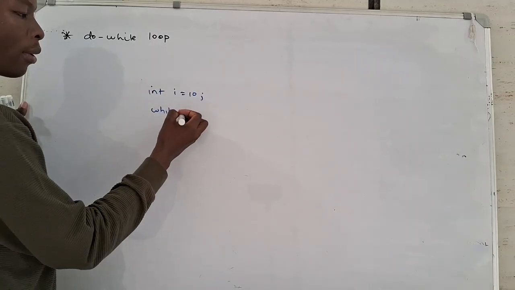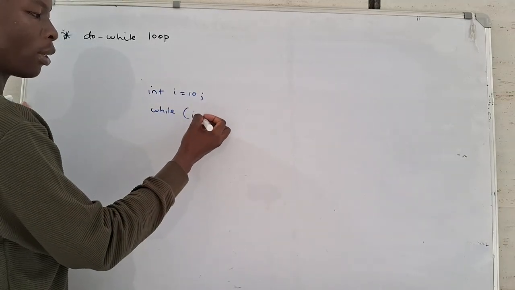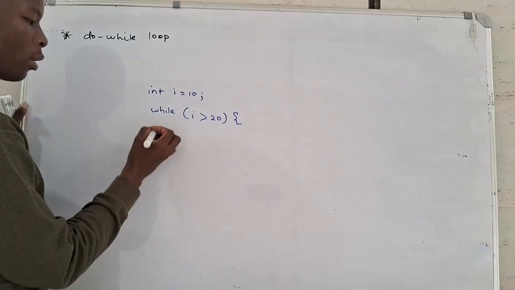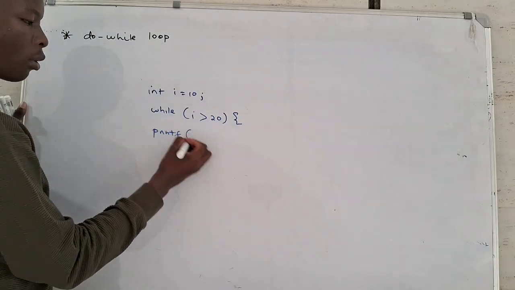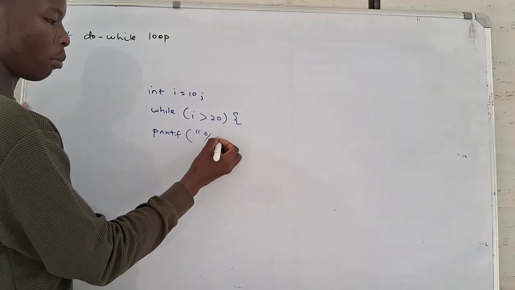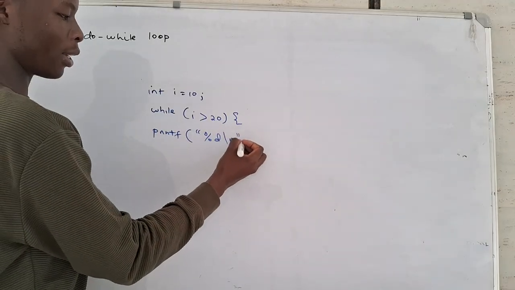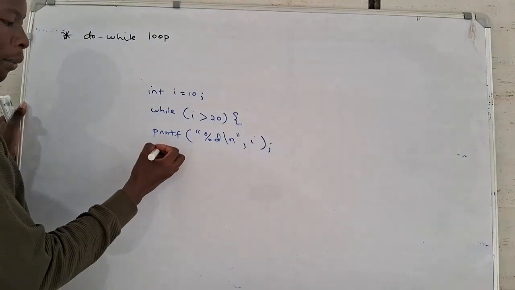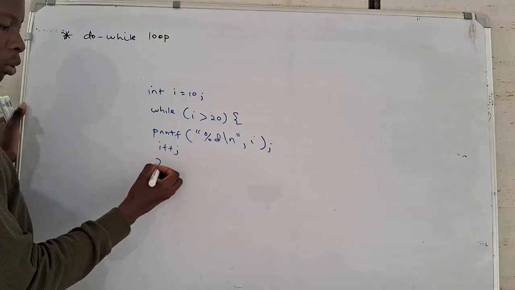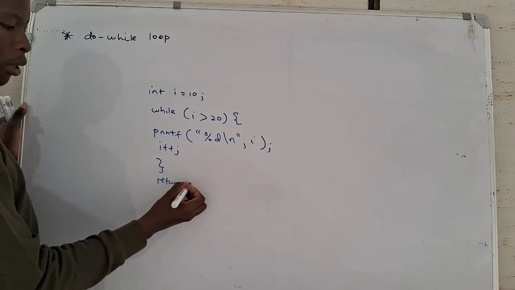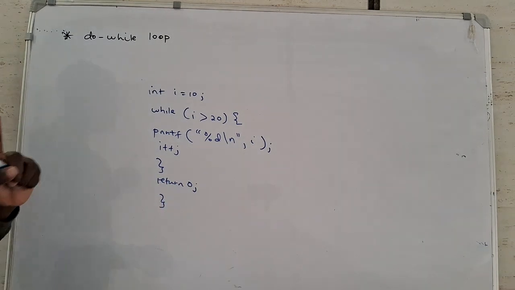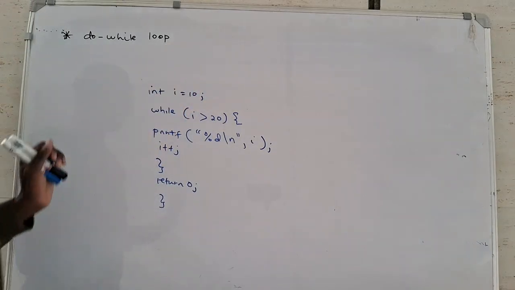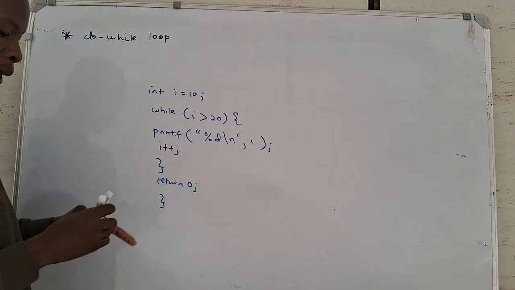Now while i is greater than 20, printf percentage d backslash n, I want to print the i value. Here I'm going to increment i plus plus. Then you close. Return 0. Please write int main and hash include stdio. This is the program.